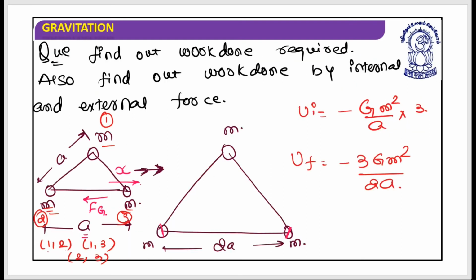I hope this is clear. Yes, because the force of gravity and the direction of displacement are at 180 degrees to each other. Now the external force is in this direction, and the direction of the external force and the direction of the displacement are the same.